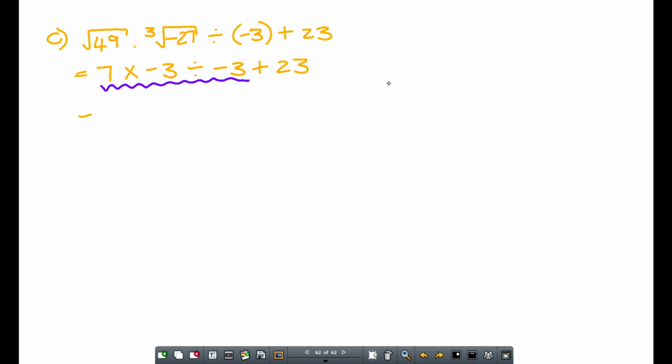Do you guys want to start with the division then? Because of BODMAS, it says division first, which is fine. So 7 times minus 3 divided by minus 3 is going to give me 1. And now multiplication is more important.